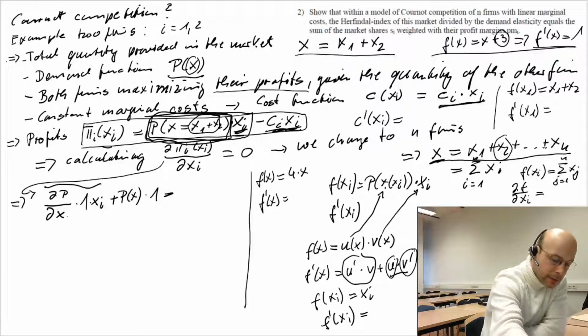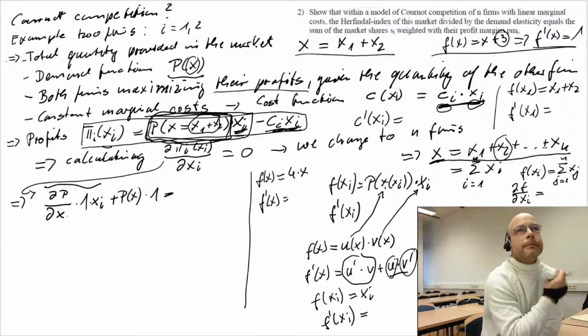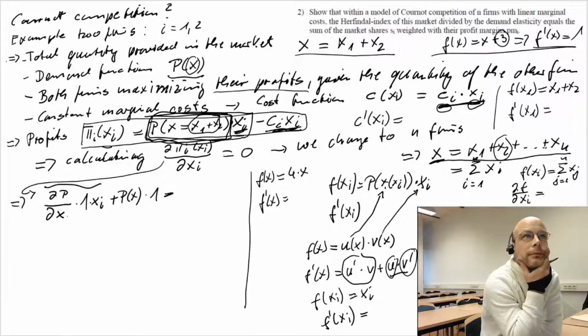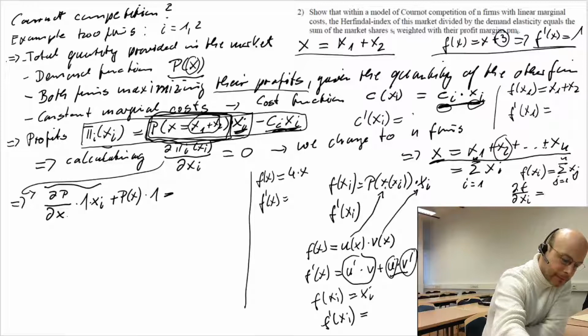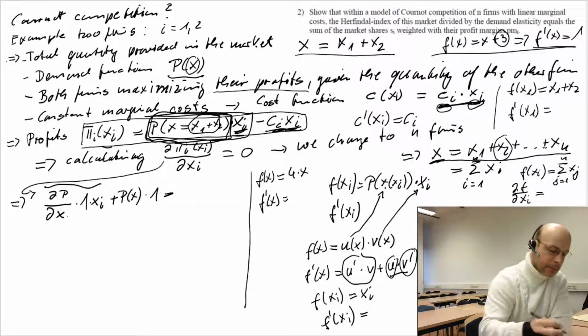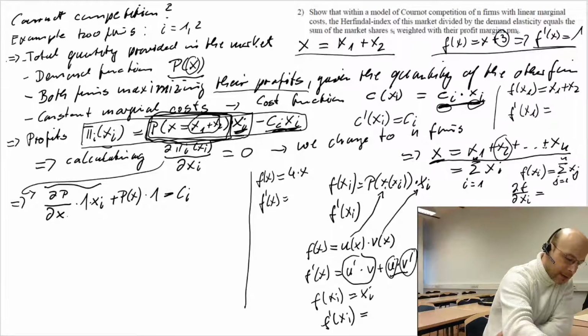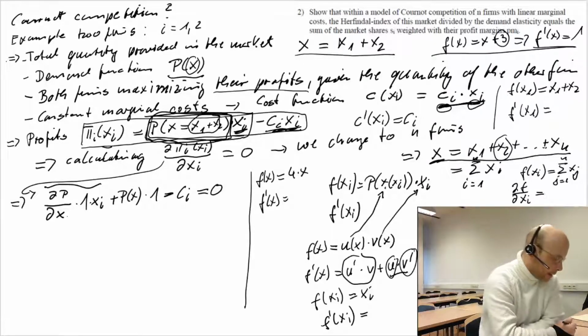So this is your 4 and this is your x. Done? Yes. So minus ci equals 0.